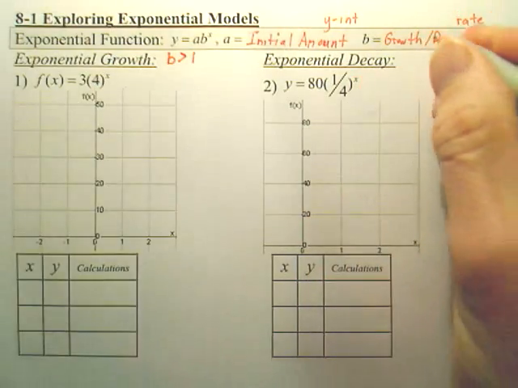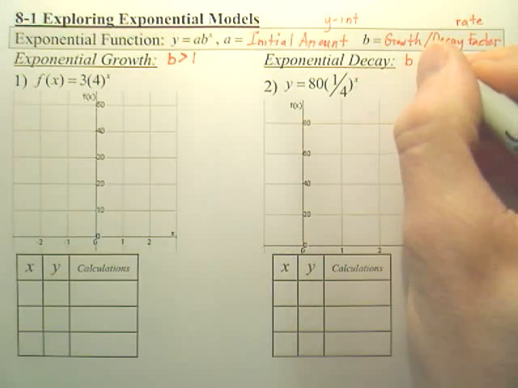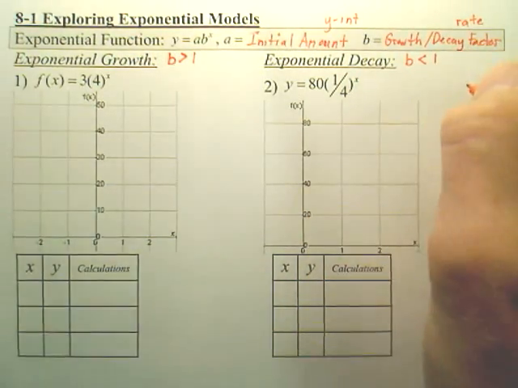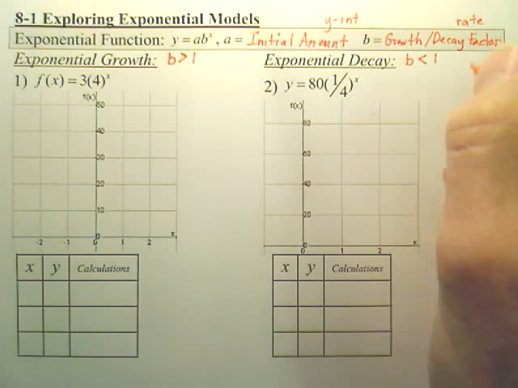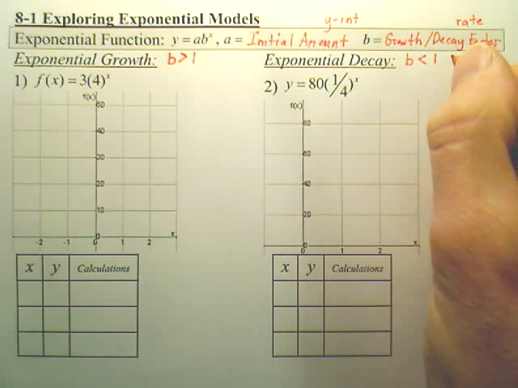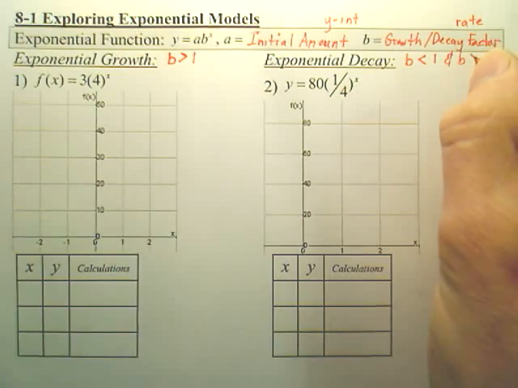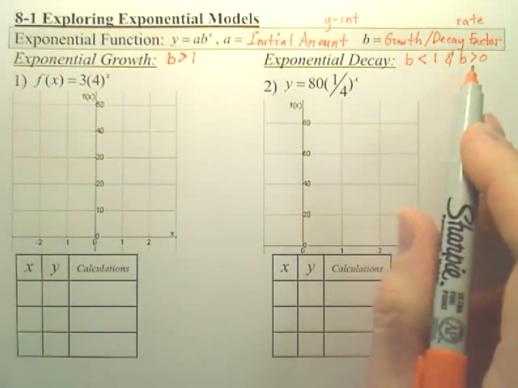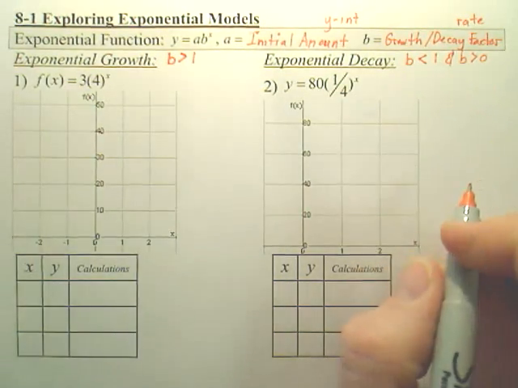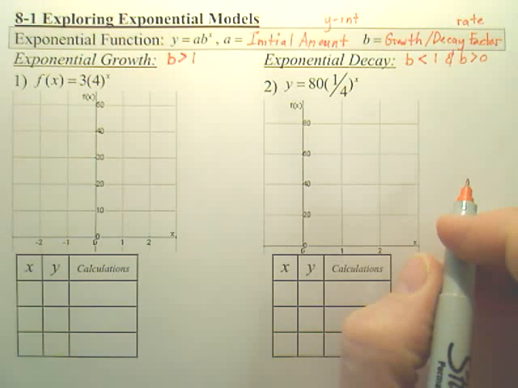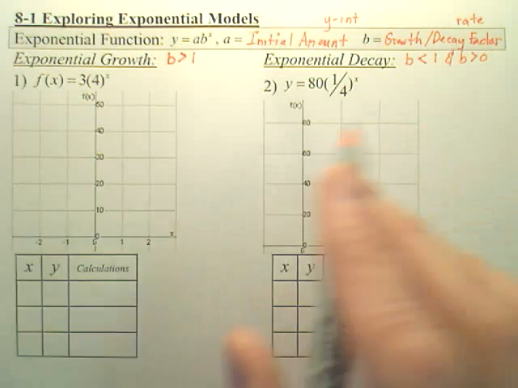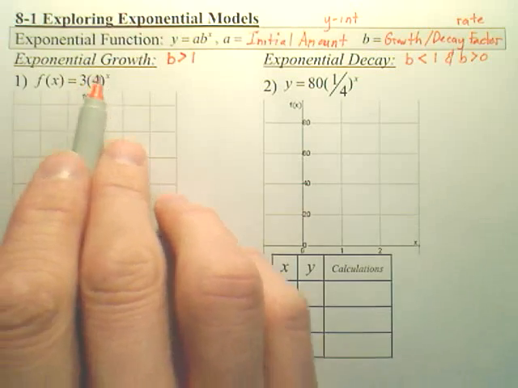Exponential decay is when your b value is less than 1 and greater than 0. It has to be between 0 and 1. Alright, so this is a growth.